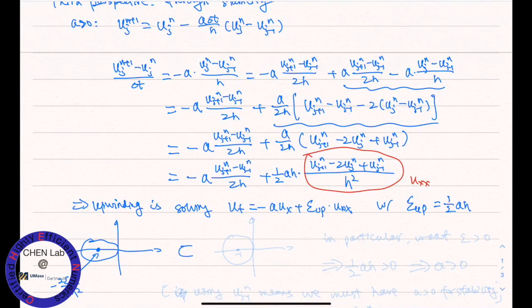This must be contained in the forward Euler stability region, which is a disk centered at -1. So in particular, we want epsilon to be positive, right? Otherwise, the ellipse will be on the right half of the plane. There's no way it can be inside that unit disk.